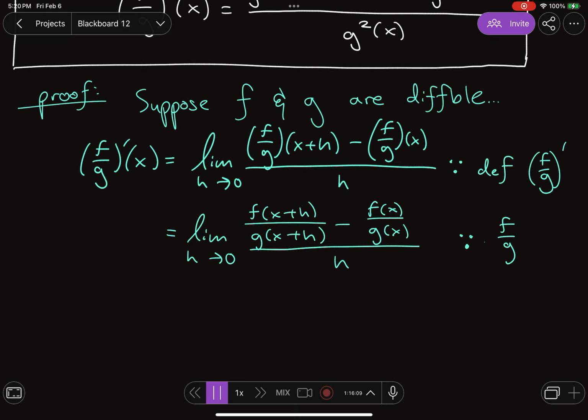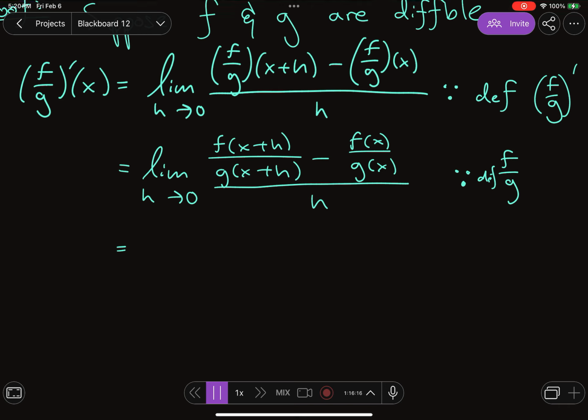Oh, but I see the difference of two fractions in my numerator, so that's going to be the limit as, let's combine fractions, as h approaches 0 of, okay, so check my work here, but that's going to be g of x times f of x plus h, minus g of x plus h times f of x, all divided by h times g of x plus h times g of x.